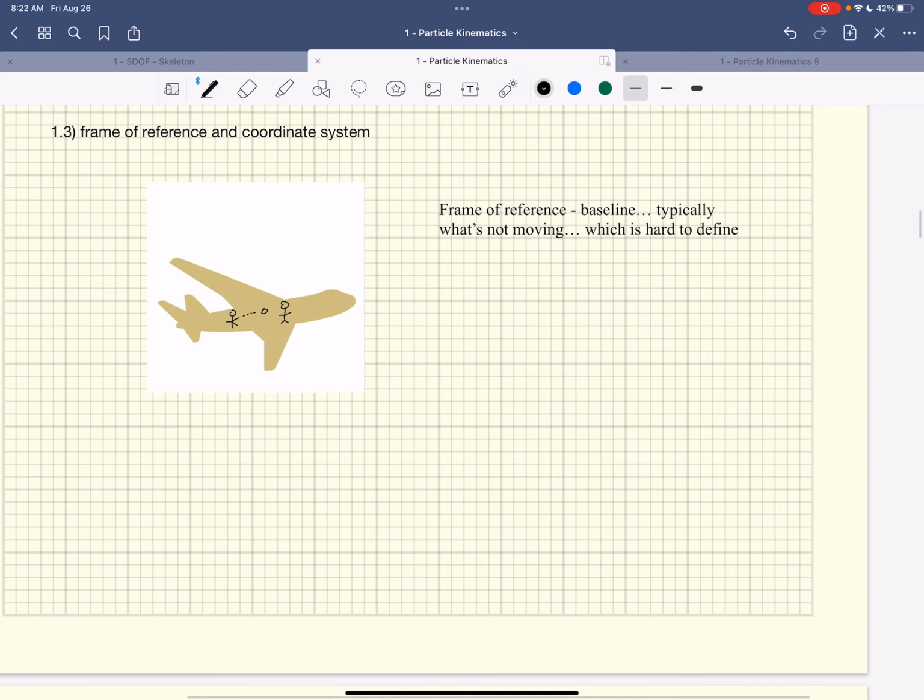If I'm trying to judge that frisbee or baseball coming at me, I would take as my frame of reference the base of the airplane, because the frisbee will be coming at me at 20 miles per hour relative to the plane, which we're both on. Really what I care about at that moment is that it's coming at me at 20 miles an hour. How fast is it really going? Well, 520 miles an hour, right? But I happen to be traveling 500 an hour, so you get the point. It's traveling at 500.